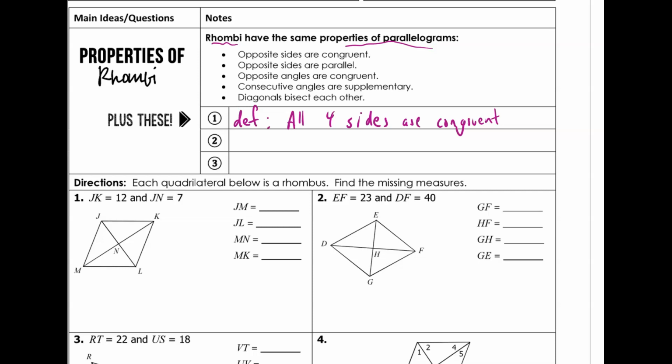All right, and we notice that the diagonals are perpendicular. And last, we notice that the diagonals bisect the angles of the rhombus.